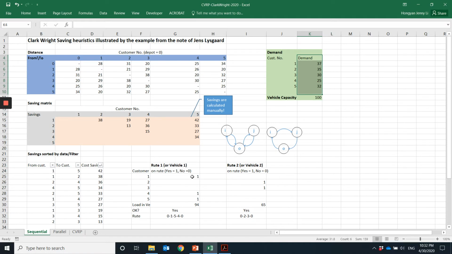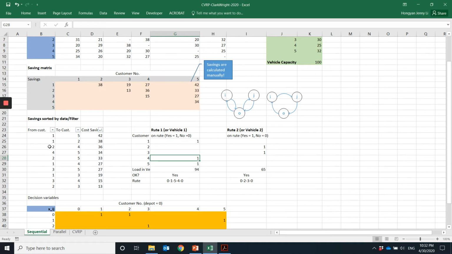So for example, now customer 1 and 5 should be connected. So I choose customer 1 and 5 in the first trip, and then I continue to try to add other customers into this route. I check that 1 is already connected, so I check customer 2 and 4. So I continue to check the saving list.